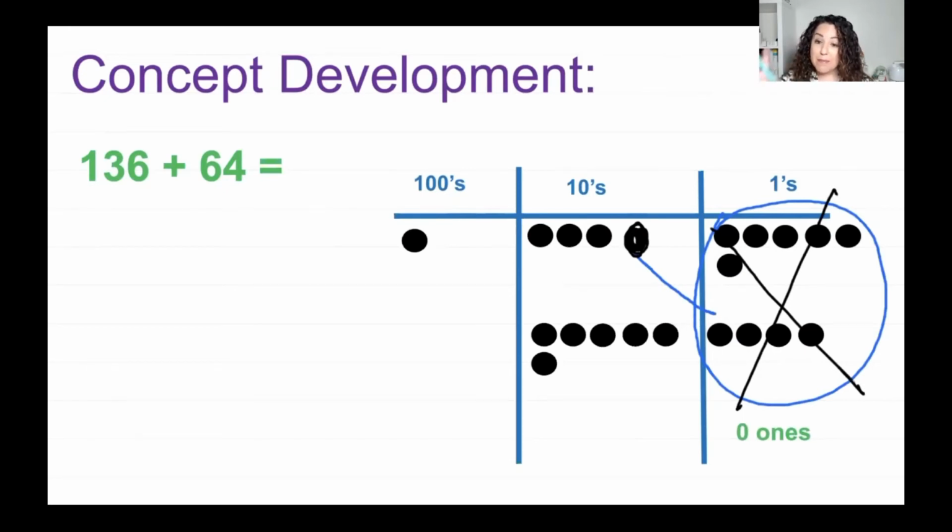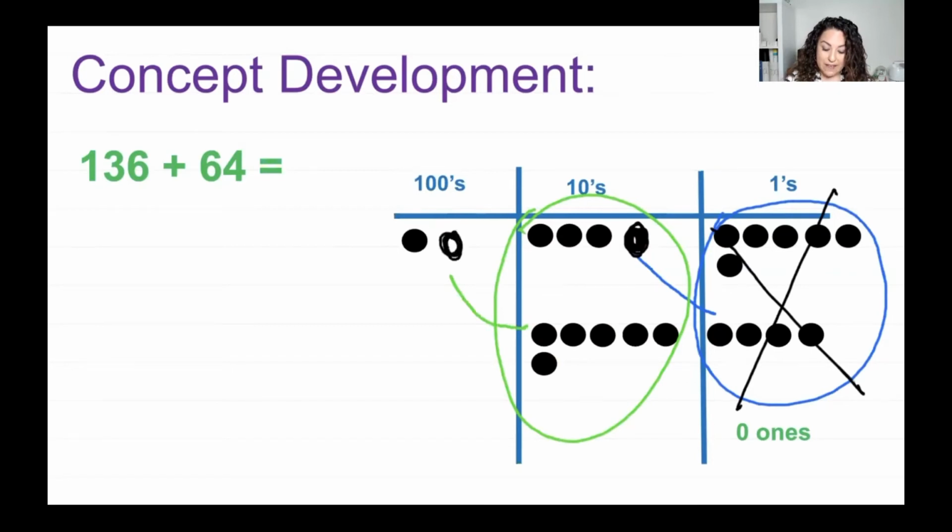Do I have a bundle of 10 or do I just add? Well, let's look. I have 1, 2, 3, 4, 5, 6, 7, 8, 9, and 10. I have a 10. So what I can do again is I can make my bundle of 10. And remember, I have to make it go over.